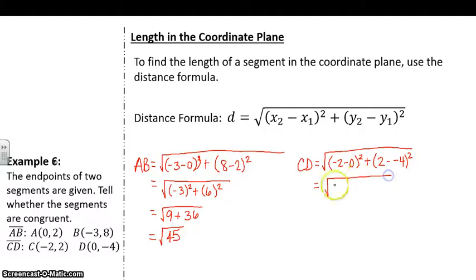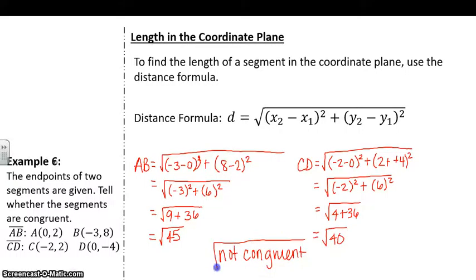Now that will be (-2) squared plus, that'll now be plus 4, so that'll be 6 squared. That's going to be 4 plus 36, which is the square root of 40. So are the segments congruent? No. So I would say not congruent.